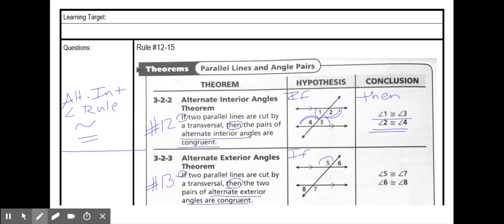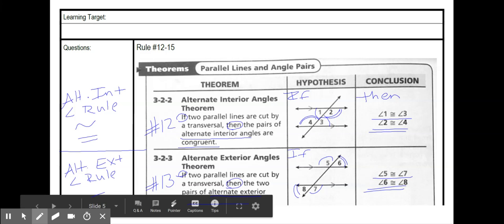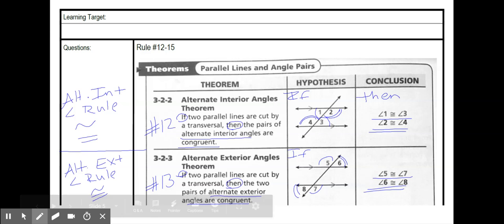Yes, so angle 5 is going to be congruent with angle 7, and angle 6 is going to be congruent with angle 8. Let's give ourselves a little note. Well, this is great news. So as of now, corresponding angles, alternate interior, alternate exterior angles are all congruent. That's great.